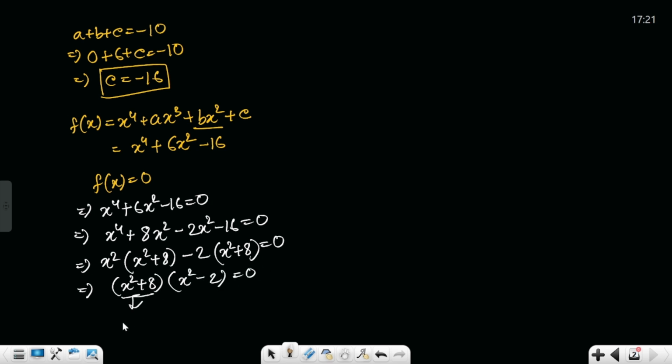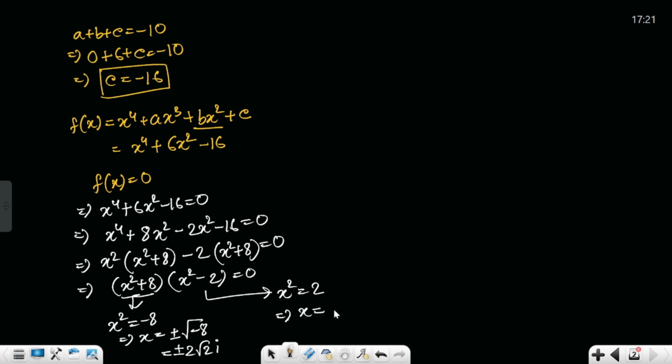So from this part, we will get x squared equal to minus 8, or x equal to plus minus root minus 8. Now, root minus 8 is 2 root 2 into iota, so this will be plus minus 2 root 2 into iota. And from this part, we will get x squared equal to 2, so x will be plus minus root 2.